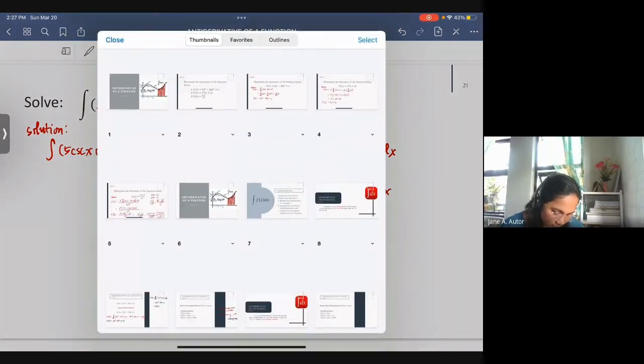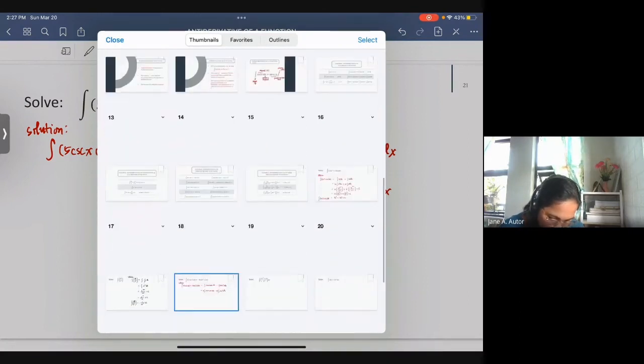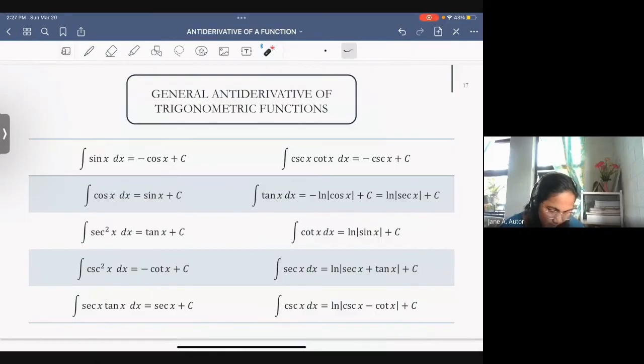So, let's go to maybe trigonometric functions. Right? So, hanapin natin dito yung particular formula or rule that we can use. So, we're looking for cosecant x cotangent x dx. As you can see, we have 1, and that will be negative cosecant x plus c.